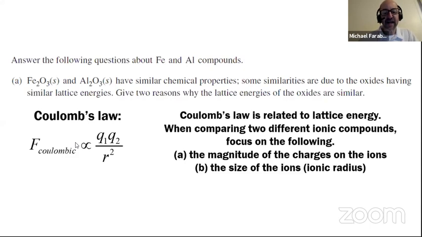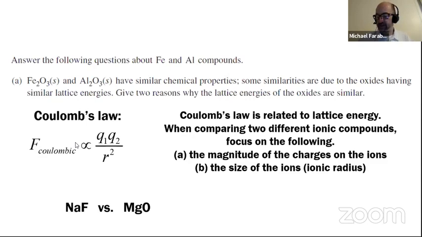So with respect to lattice energy, when comparing 2 different ionic compounds, you typically focus on the magnitude of the charges on the ions. That would be the Q1 and the Q2 in the numerator, as well as the size of the ions, which effectively represents the distance between these charged particles, and that's the R squared in the denominator. So for example, suppose we were comparing 2 different ionic compounds that had different lattice energies.